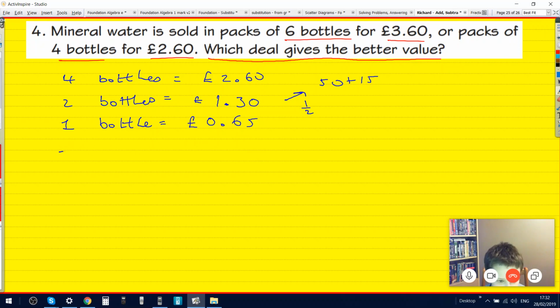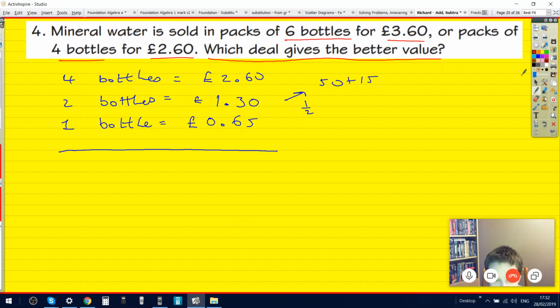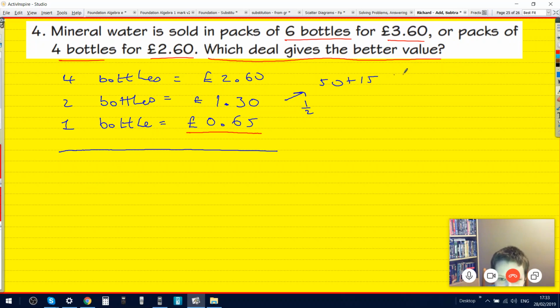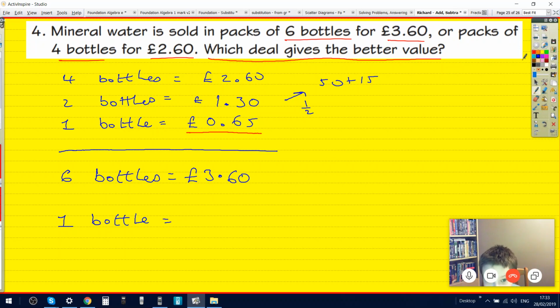How about the other pack? So 6 bottles for £3.60. Again, to find out the cost of one, we need to half it, then half it, then half it again. That won't work. Instead, we can divide. We can do £3.60 divided by 6.